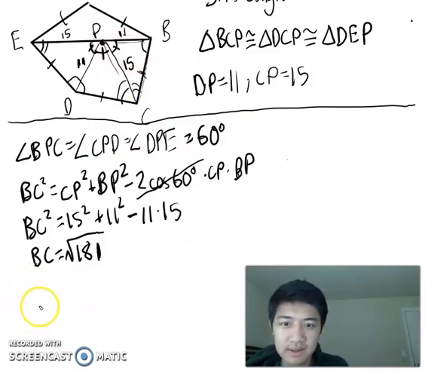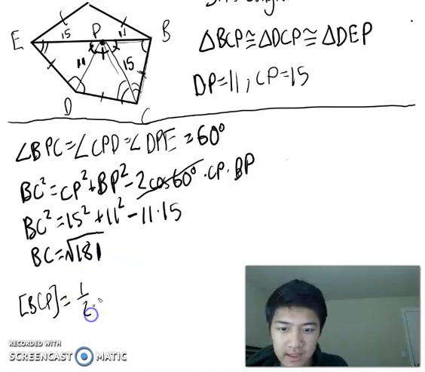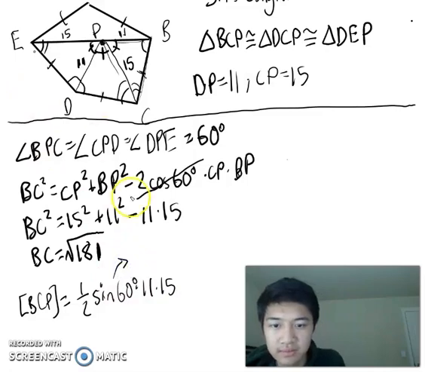If you guys recall, the area of BCP will just be equal to 1/2 times the sine of 60 degrees, and then times 11 times 15. And this should be equal to root 3 over 4.